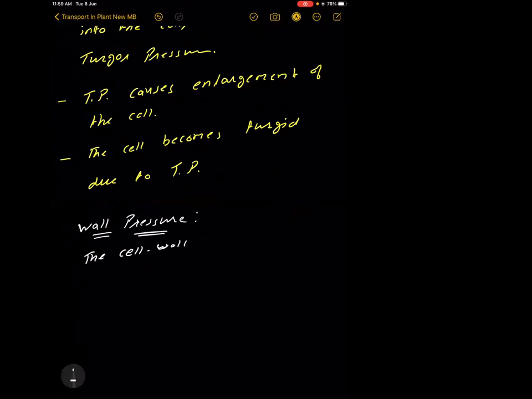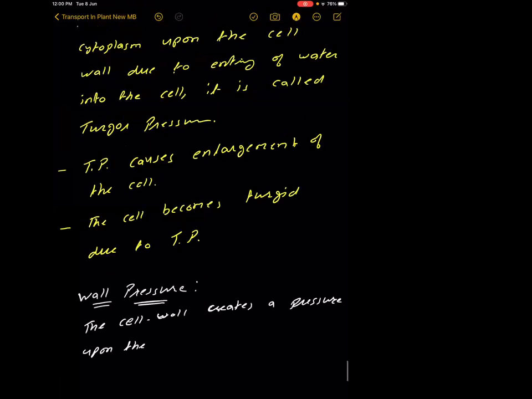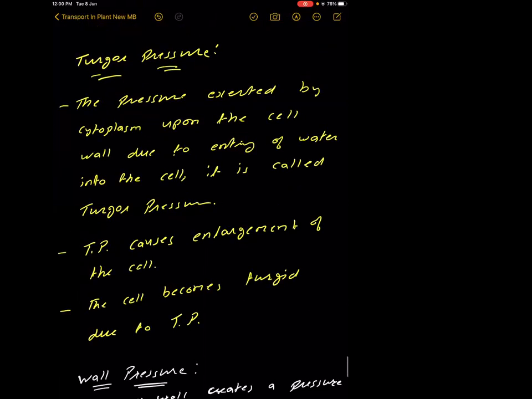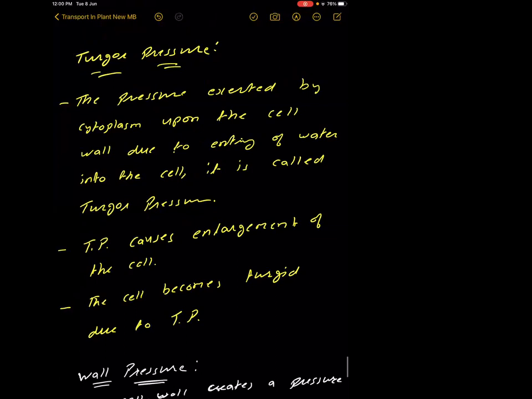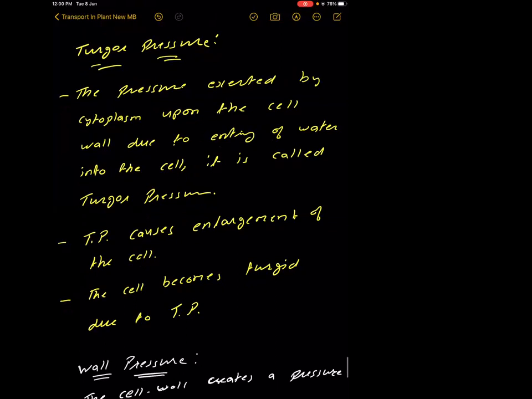Sir, can you scroll up? Cell wall creates a pressure. Sir, can you please scroll up? I had connectivity issues. I was not able to write. From where? Turgor pressure. Yes, sir, from here. The wall pressure means it is antagonistic to turgor pressure.